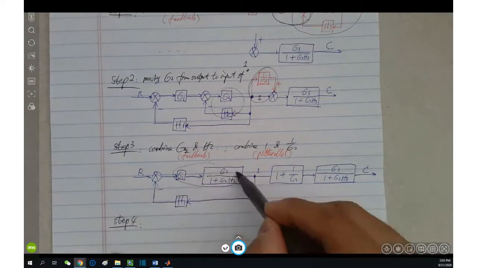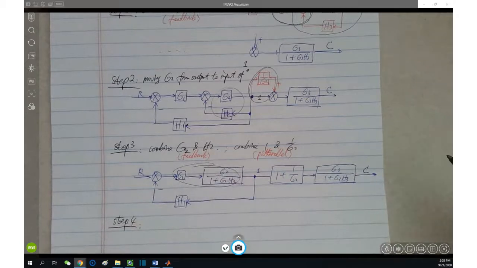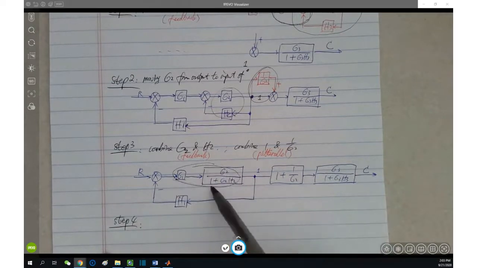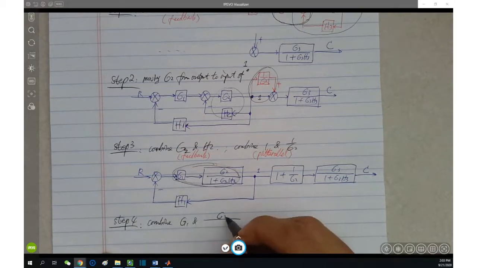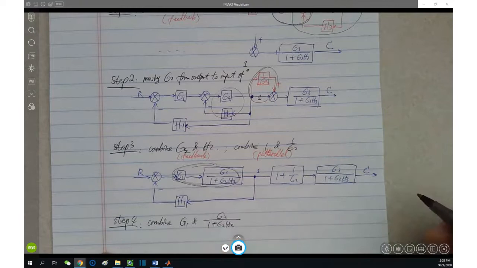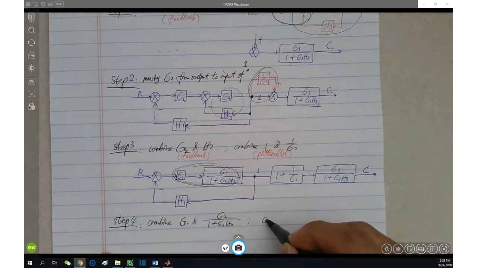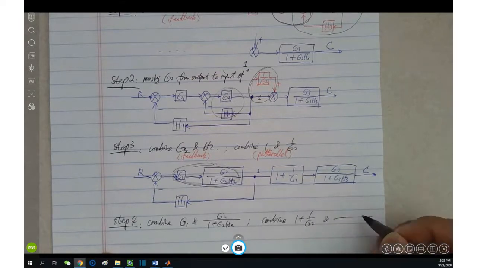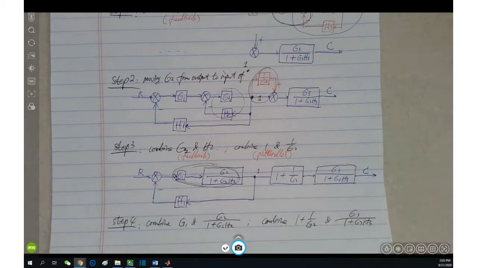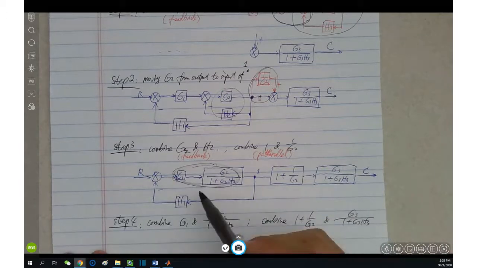These two are what? Yep, Alex, right. These two are cascade.